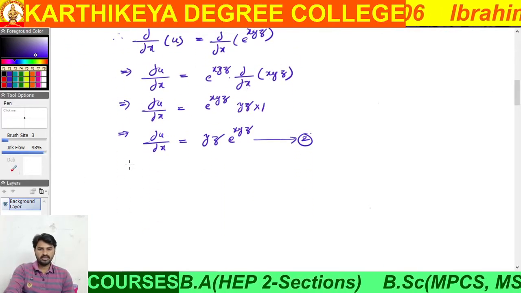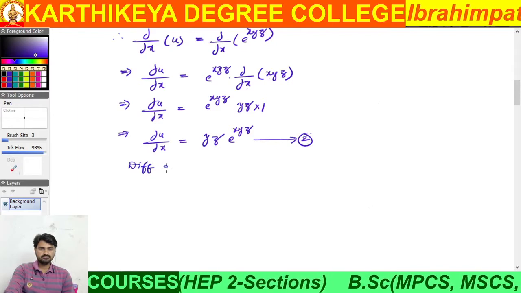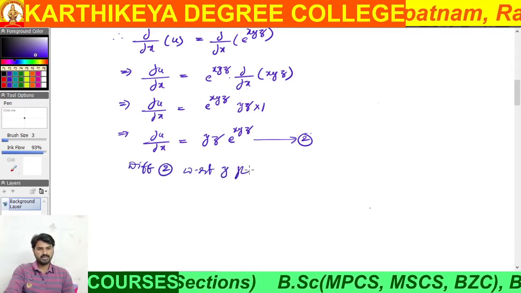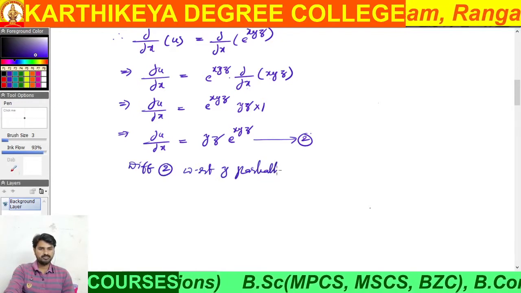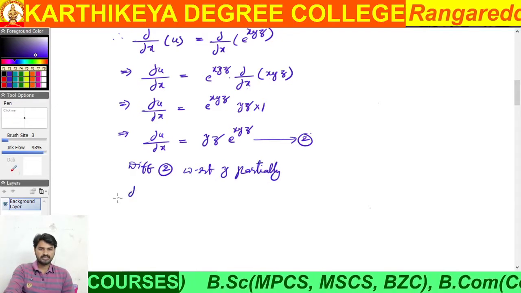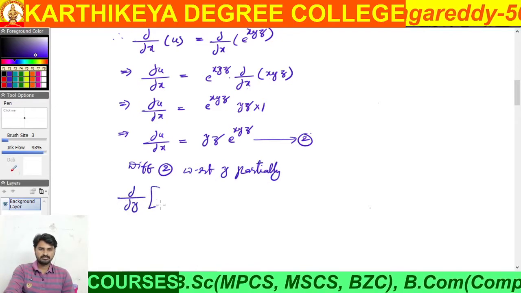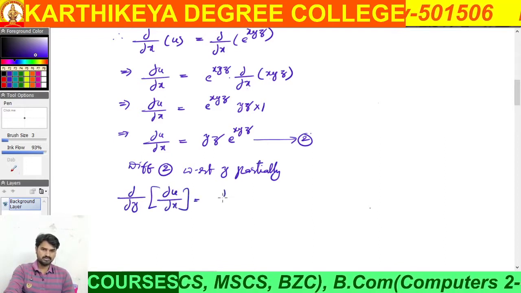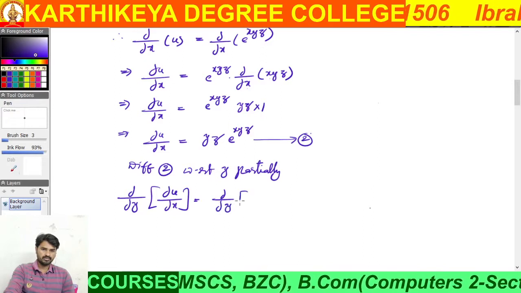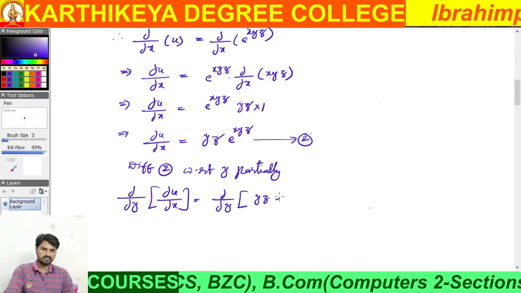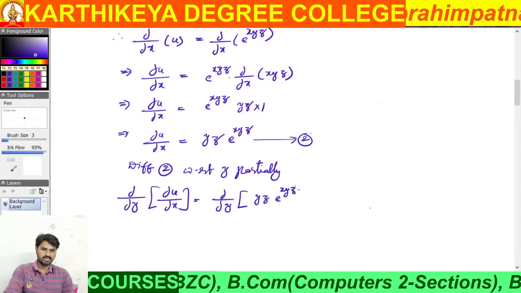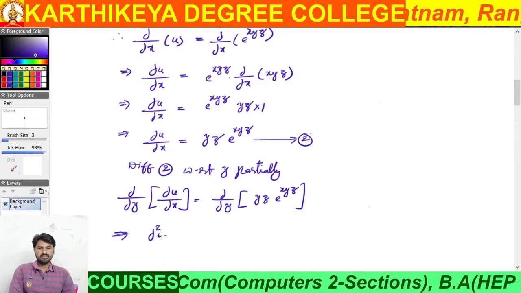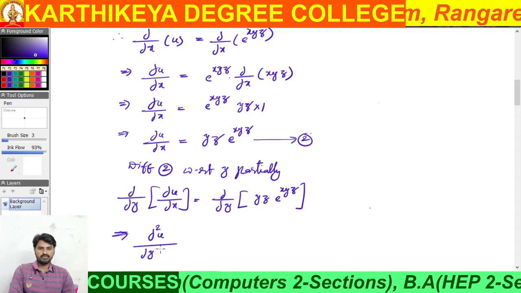Now I am going to differentiate this equation with respect to y partially. Okay, now applying dou by dou y on both sides: dou by dou y of dou u by dou x is equal to dou by dou y of yz into e to the power of xyz. Now this is dou square u by dou y dou x.